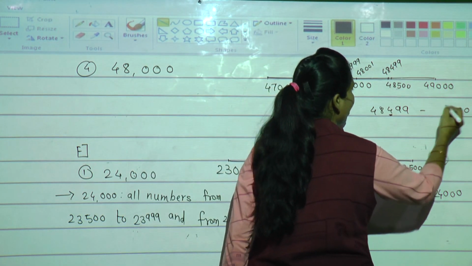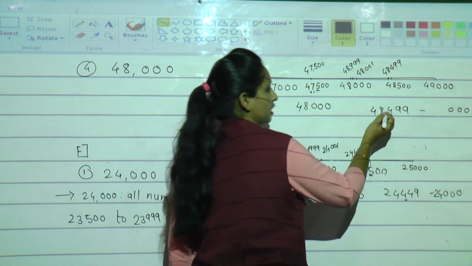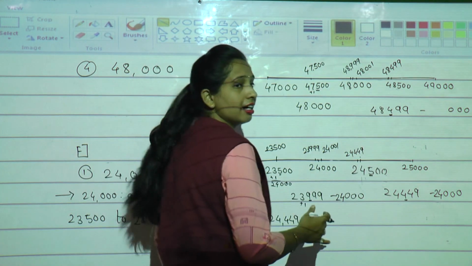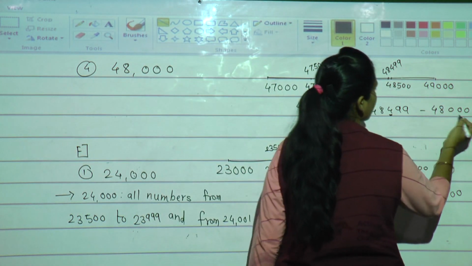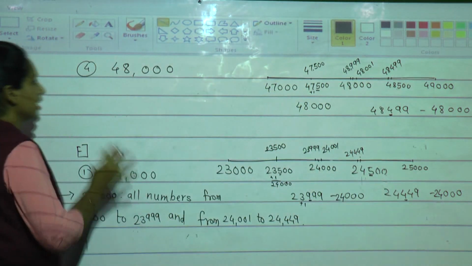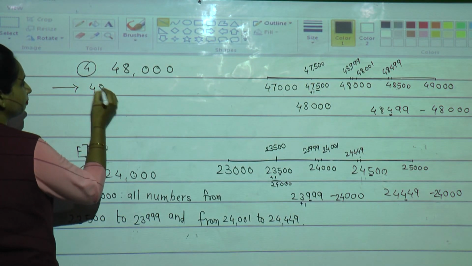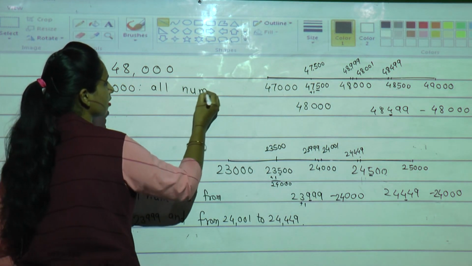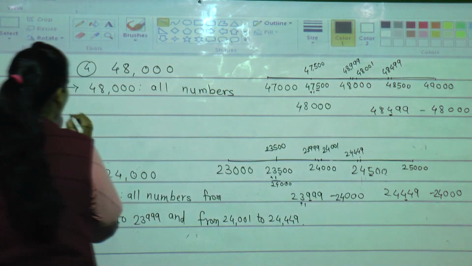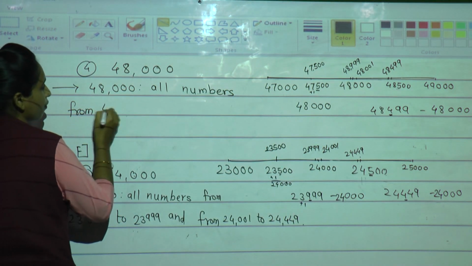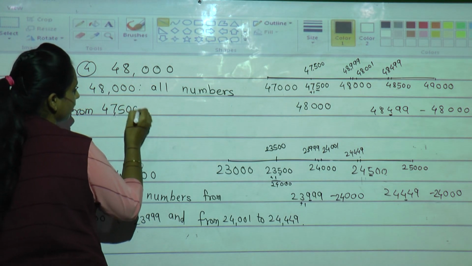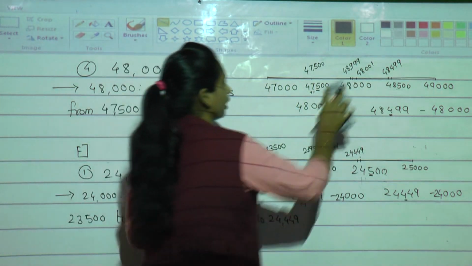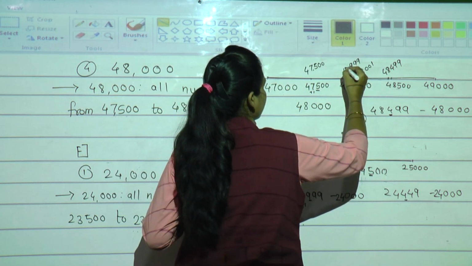Place zeros at the ones, tens and hundreds places. If it is 4 or less than 4, without changing any number, keep the thousands place as it is. So it is going to 48,000. Now here we can write the answer: 48,000, all numbers from 47,500 to 48,499. Sorry, I wrote 48 by mistake here; 47 only will come here.